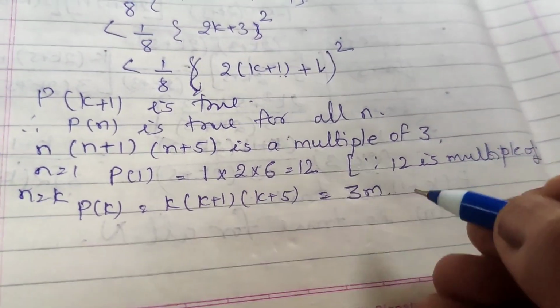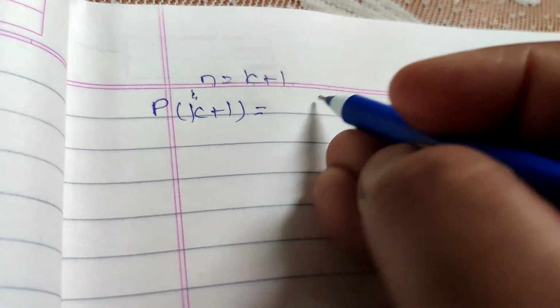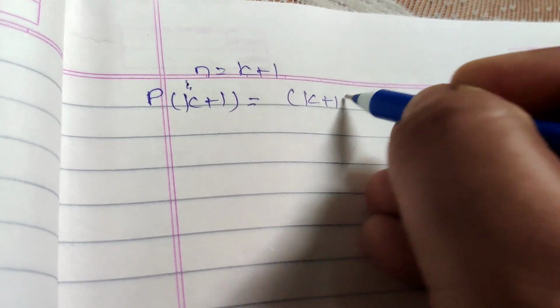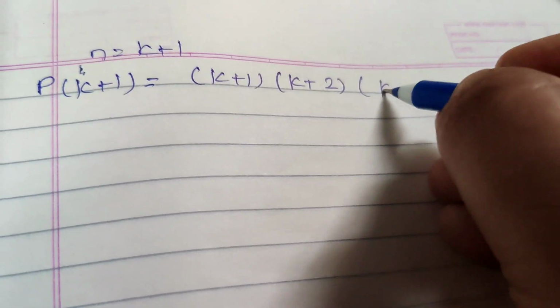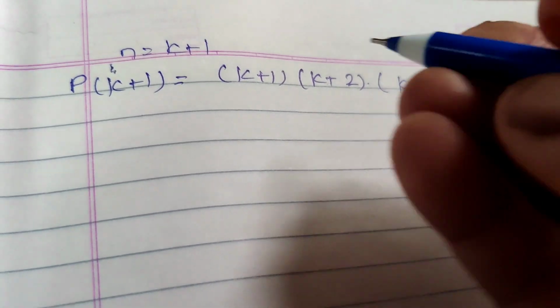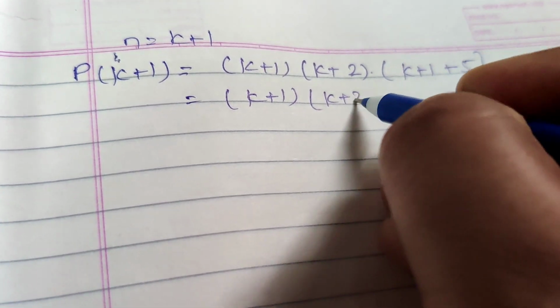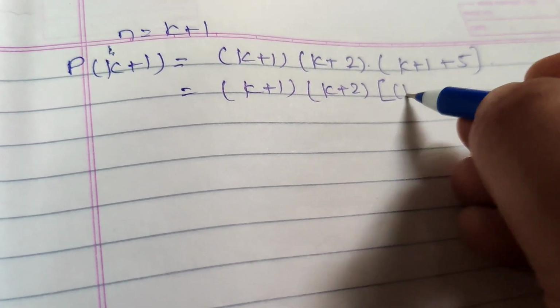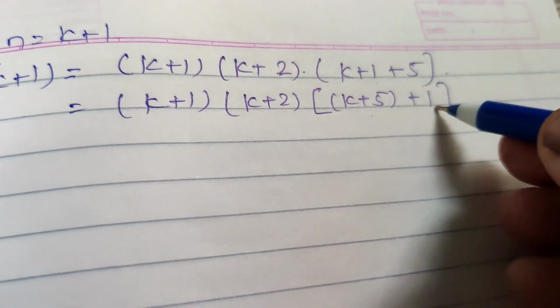We can write 3m. Now n equal to k plus 1. Pk plus 1 is (k plus 1)(k plus 1 plus 1)(k plus 1 plus 5), that is (k plus 1)(k plus 2)(k plus 6).